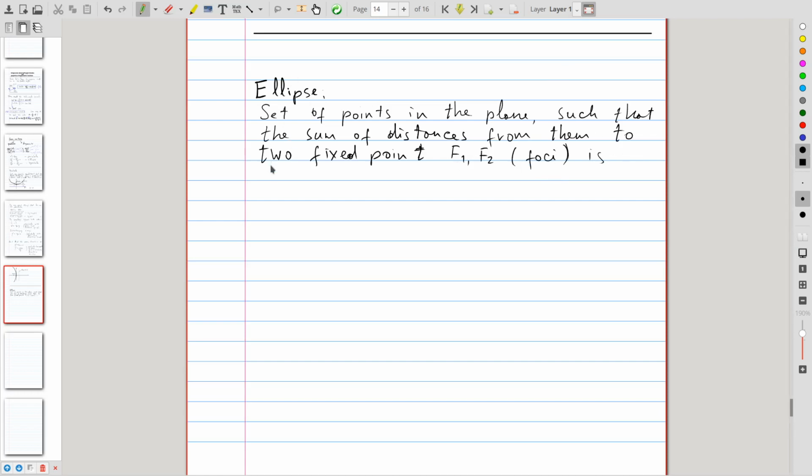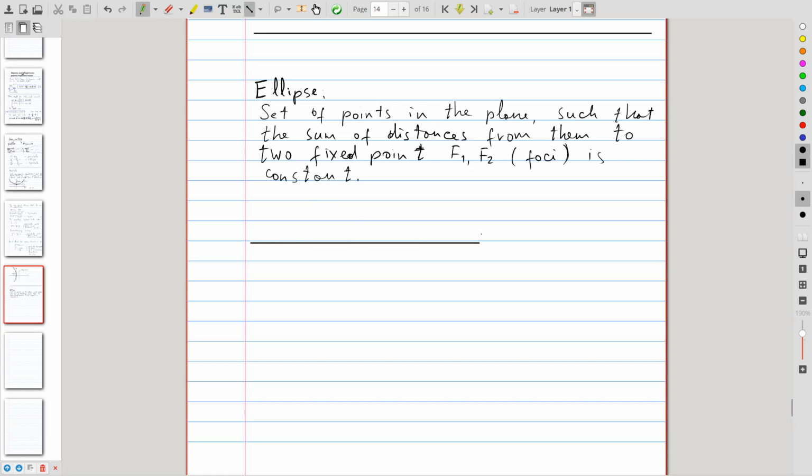So the sum of distances from any point of the ellipse to two fixed points must be the same regardless at which point you're looking.